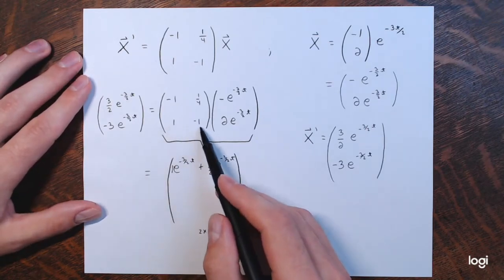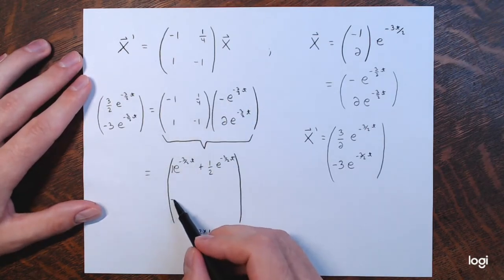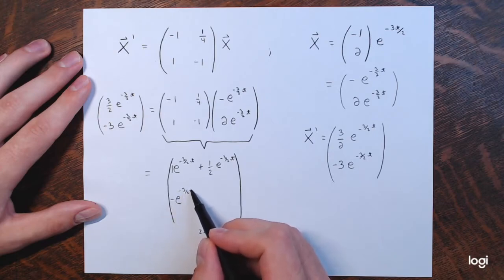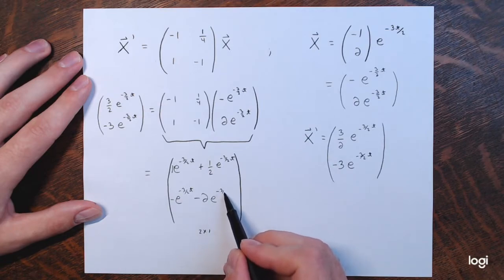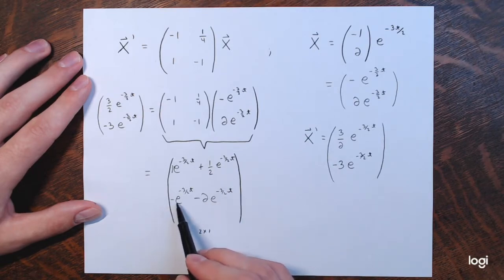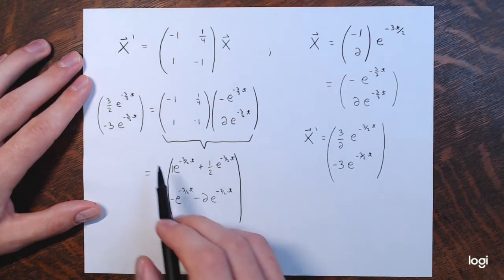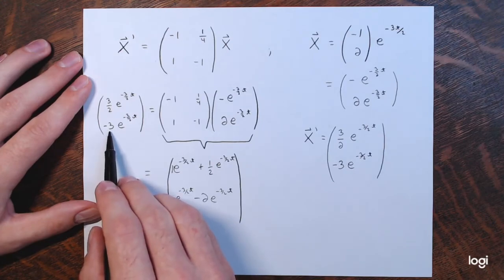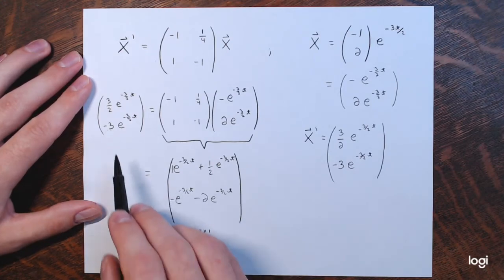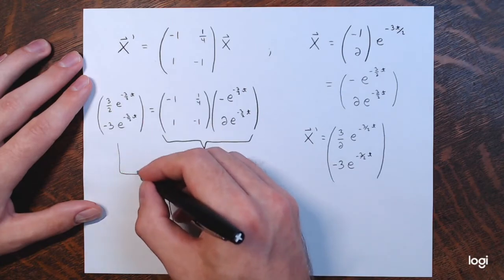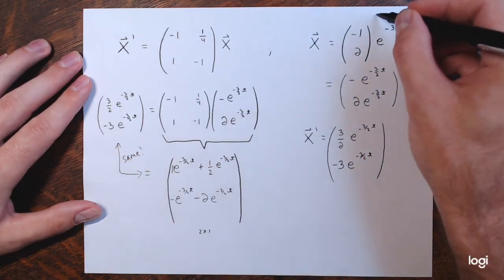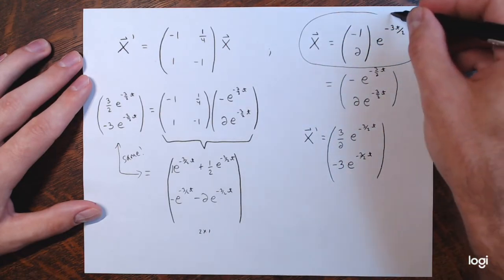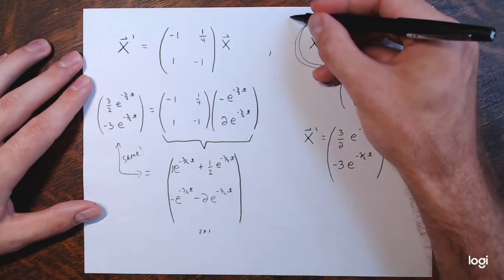And then the second row would be negative e to the negative 3 halves t minus 2 times e to the negative 3 halves t. Combining the coefficients, you do indeed get the same as the second row over here, negative 3 e to the negative 3 halves t. So these are indeed the same, and this vector we were given initially is a solution.